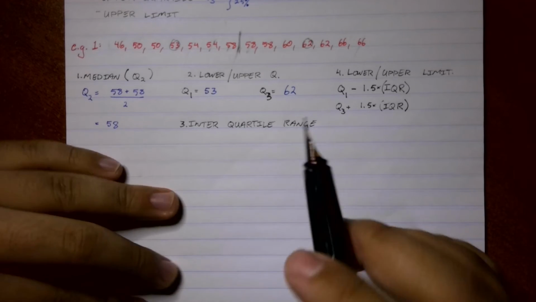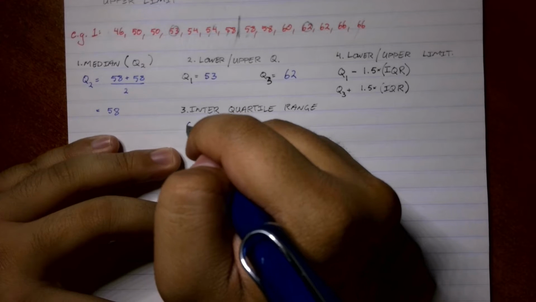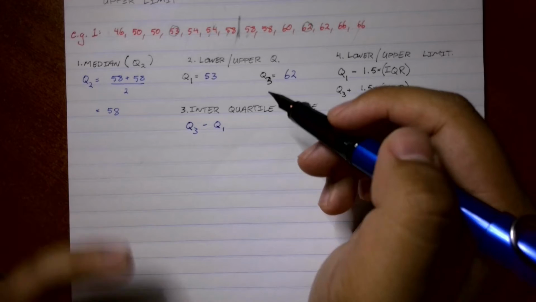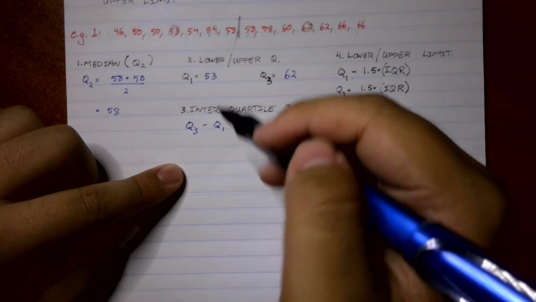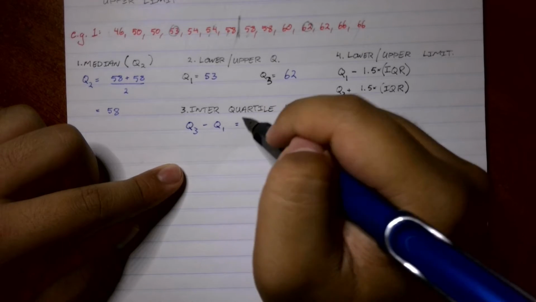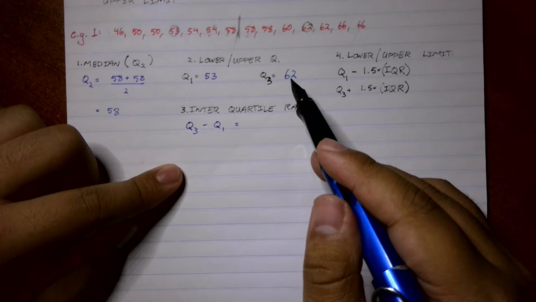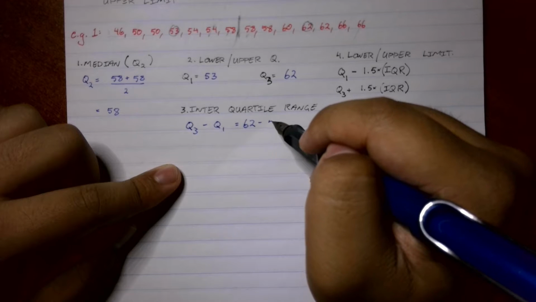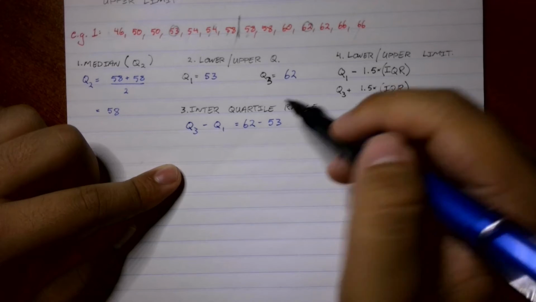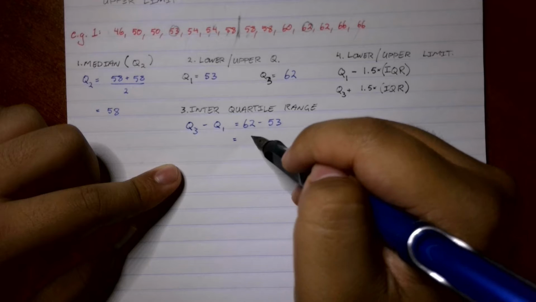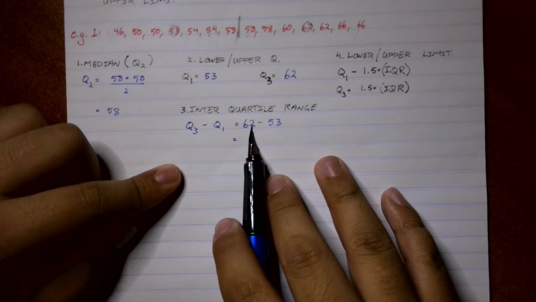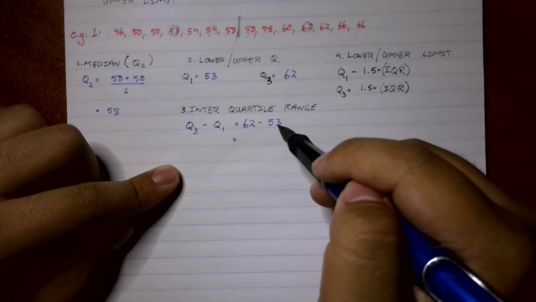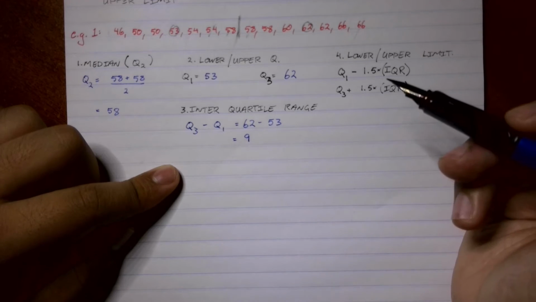In order to get the interquartile range, all we do is take Q3 and subtract Q1. So we take the upper quartile, subtract the lower quartile, which means we do 62 take away 53, and that will give us a value of 9. Yes, it's going to be 9.